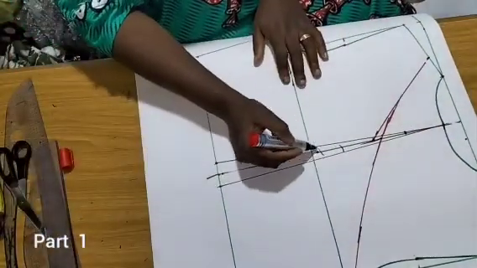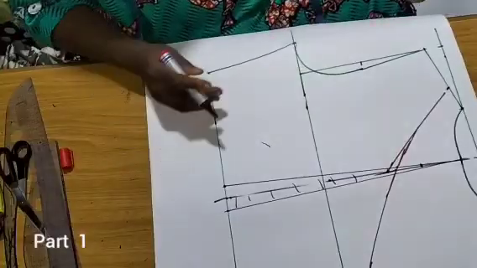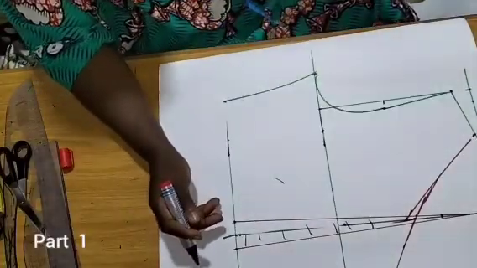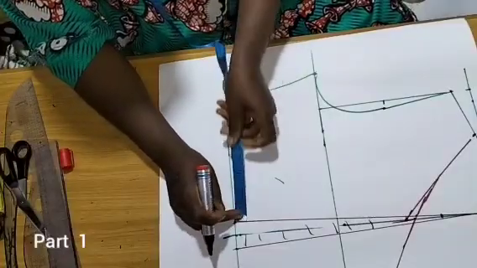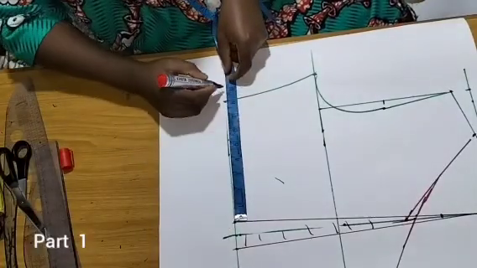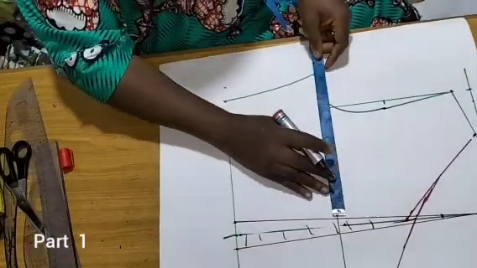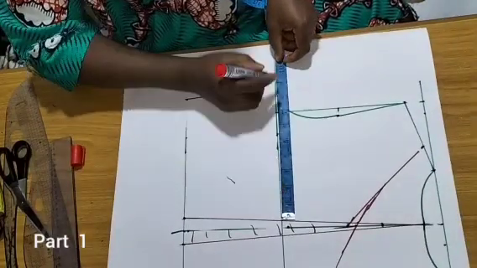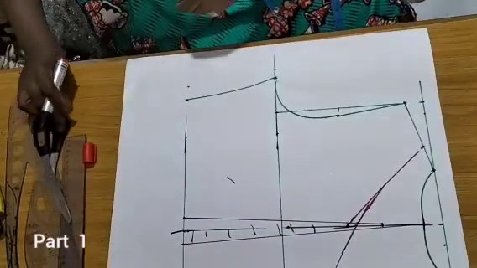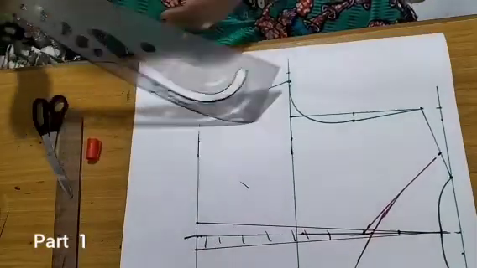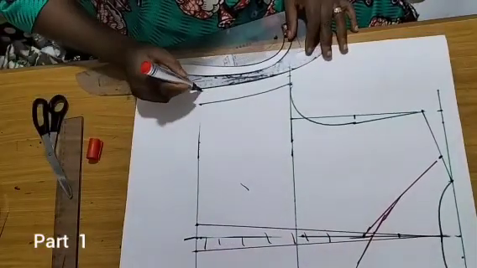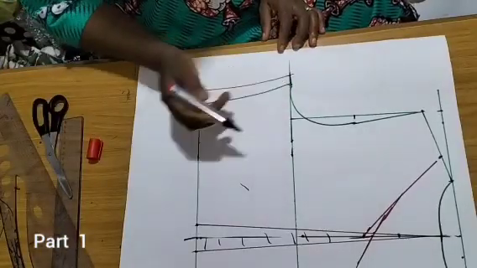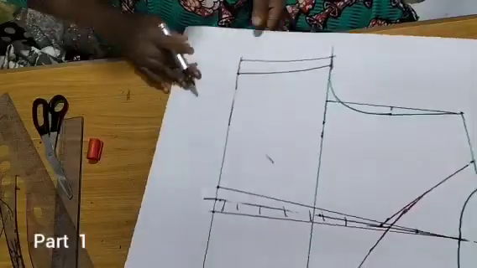So this is my contour line, and that means I'm going to retake the measurement of the width of my dress. So from here I'll measure the circumference of my waist divided by 4, and from here the circumference of my bust divided by 4. I will reconnect the new line. So this is the new line, as you can see.